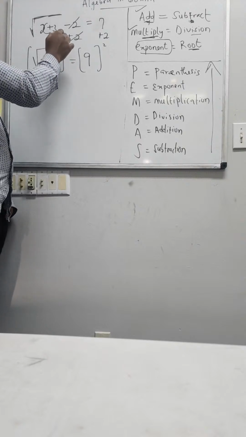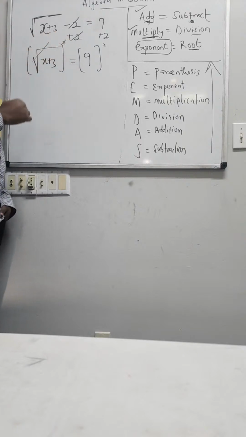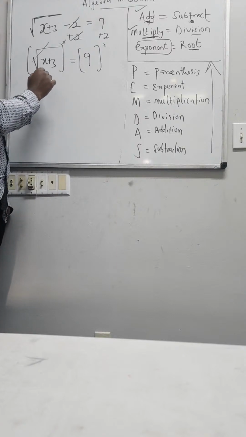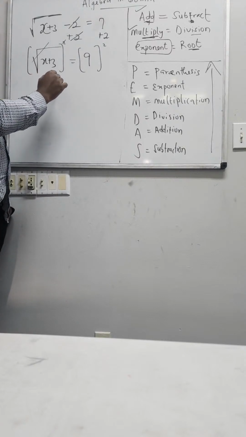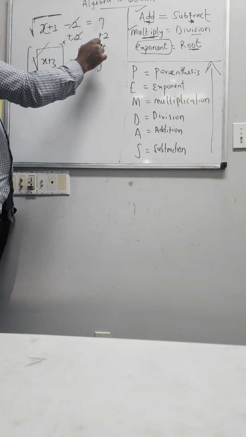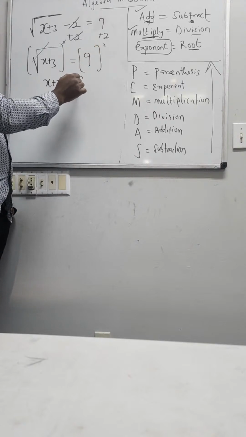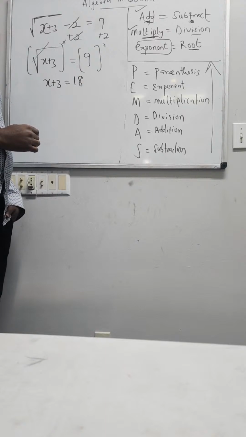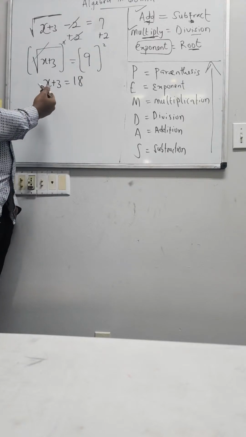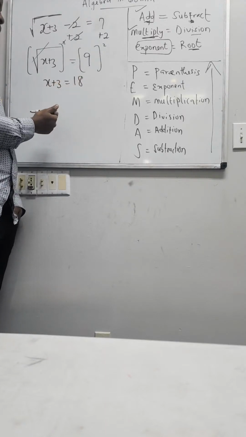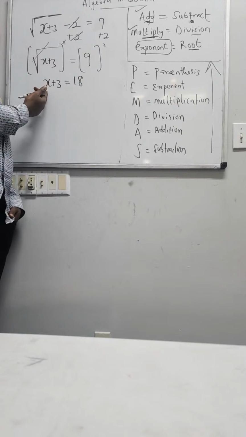So the square can easily cancel out the square root. And here we have x plus 3. 9 squared is what? 18. And from here, x plus 3 equals 18. How do we get the unknown x?